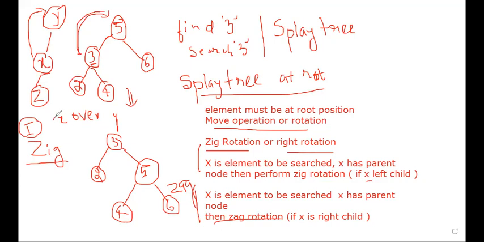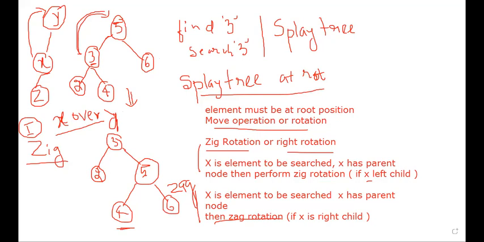In other words, X is moved over Y. When you perform this, element 5 is pushed down and 3 is placed in the root position. The resulting binary search tree is shown here, obtained by the zig operation.